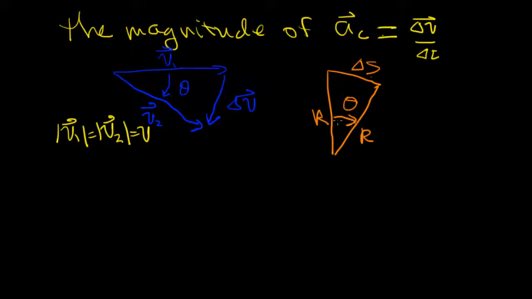The reason the angles between the two velocities and the two radii are the same is because v1 is just 90 degrees rotated from this r, and v2 is 90 degrees rotated from that r, and so the angle between those two comes out the same when you put them together. And so what that says is that these two triangles are similar.